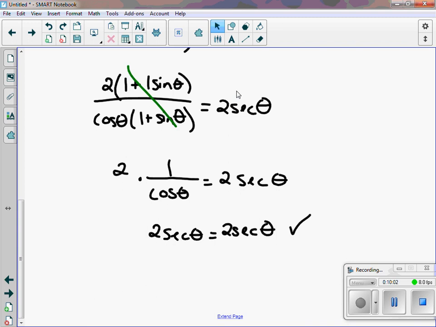Simplify. You might need to add fractions or make things like terms. Combine your like terms, see if anything can cancel, factor out, and you're just reworking it algebraically in order to get something to equal the other side. I know it sounds easier said than done, but with practice, you will get better at this.